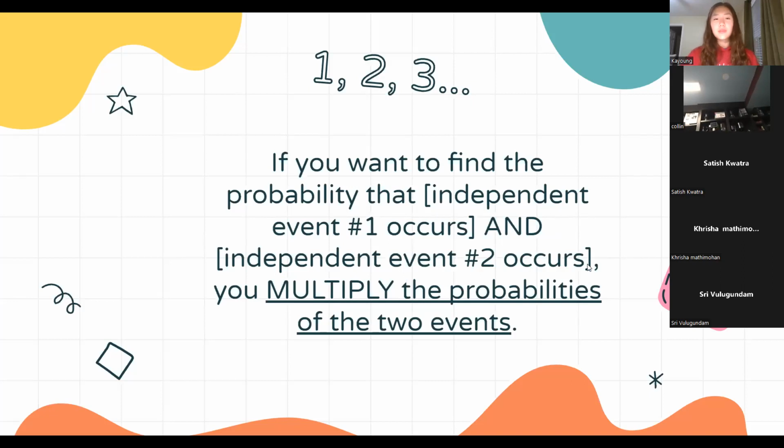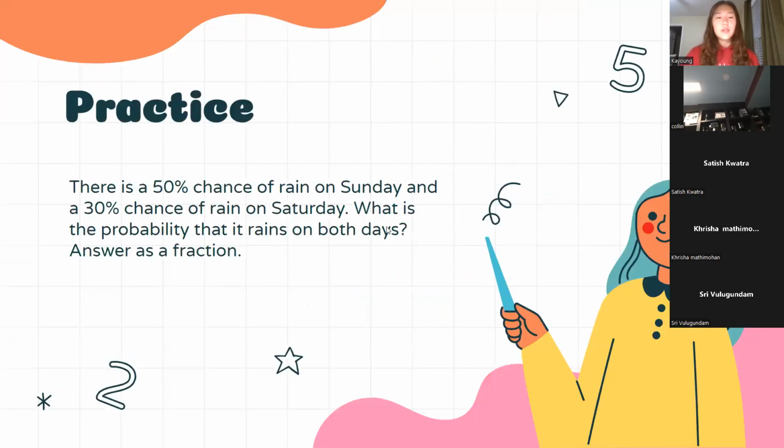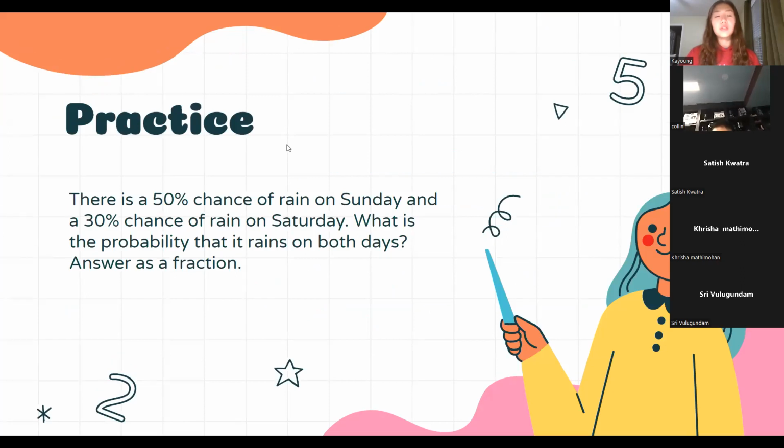There's a 50% chance of rain on Sunday and a 30% chance of rain on Saturday. What is the probability that it rains on both days? Make sure to answer as a fraction. Technically, rain on one day and another day could be related, but right now we're thinking of it as independent.